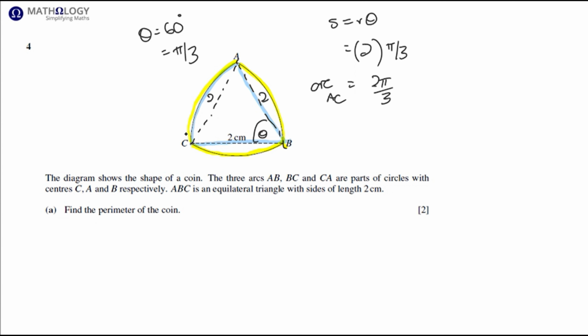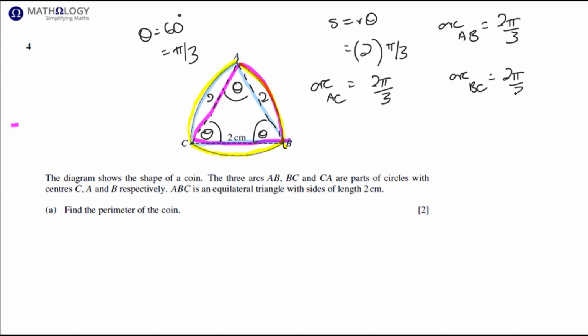Now, when we do something similar to arc length AB, then we have this sector over here. The radius for that will be 2 centimeters again, and the angle is this angle here, theta. These are all theta, they're all 60 degrees, they're all pi by 3. So AB is going to have the same arc length as AC. So the arc length of AB will also be 2 pi by 3, and similarly, the same thing for BC.